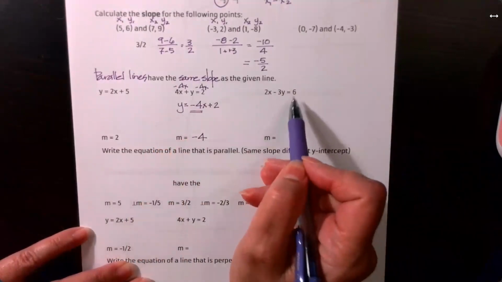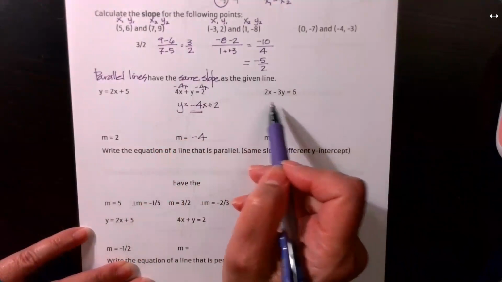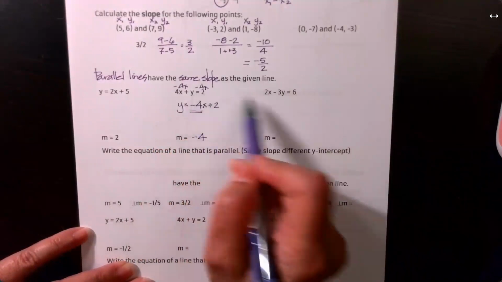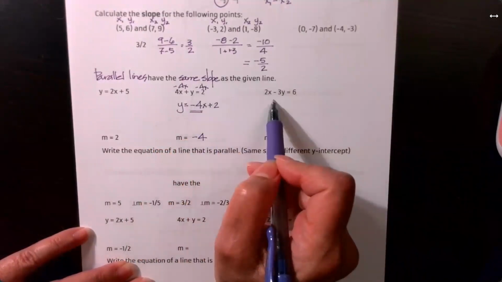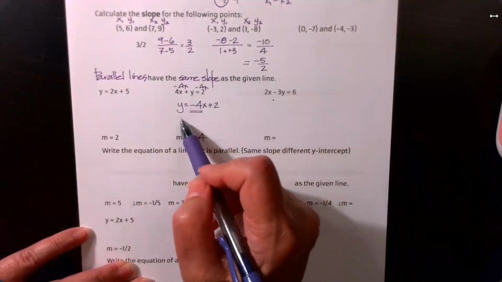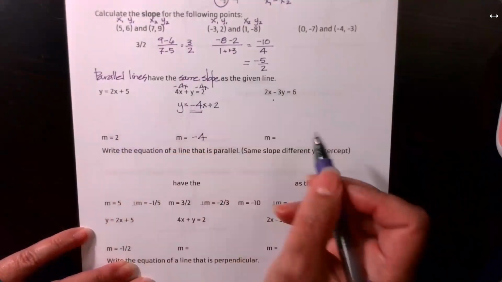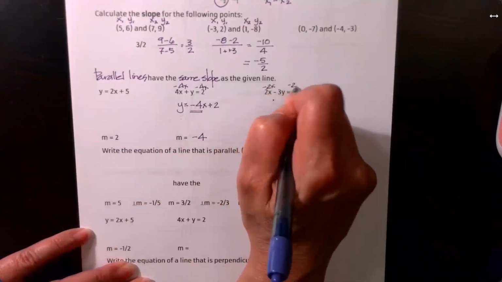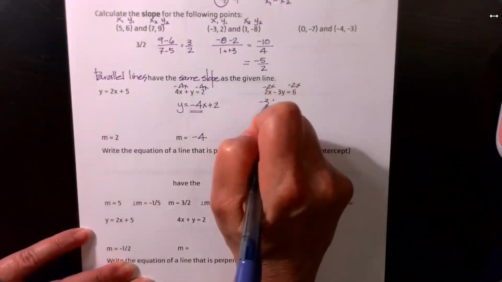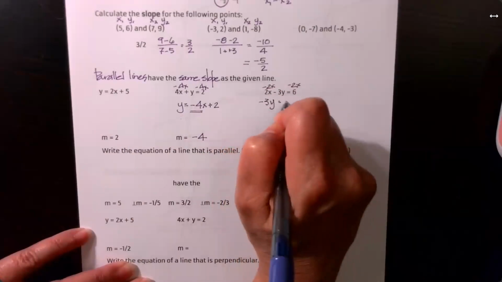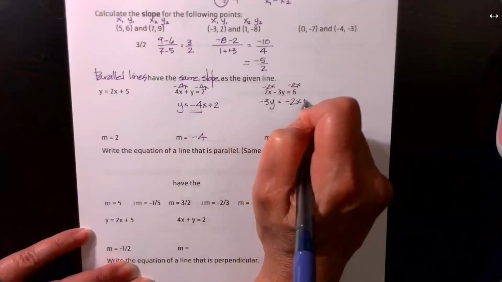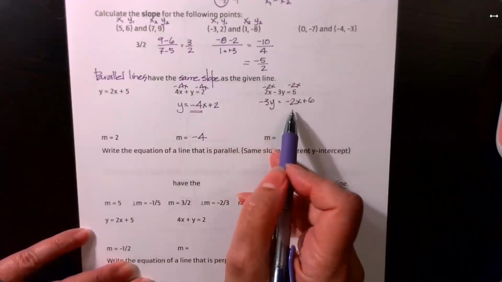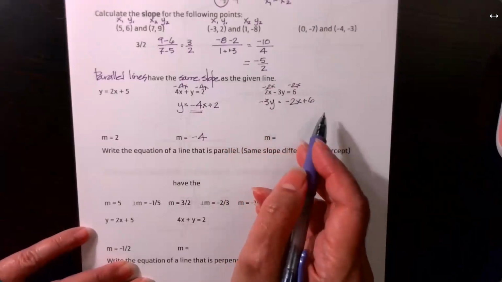We're going to step it up a little bit with this example. Notice that both of these lines are in standard form, and we need to rewrite them so that they're in slope-intercept form. So the first thing I'm going to do here is subtract 2x from both sides. I now have negative 3y equals negative 2x plus 6. And notice that I write the x term in front of the constant.